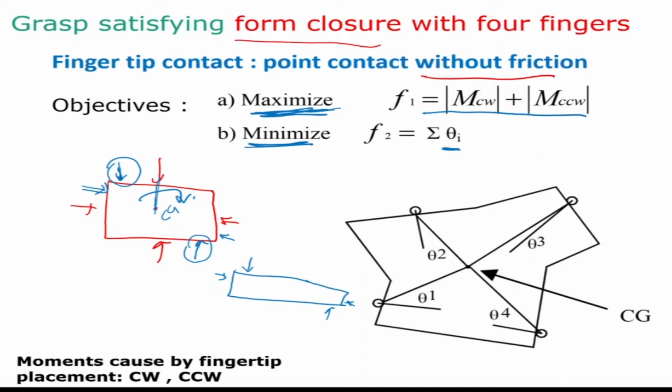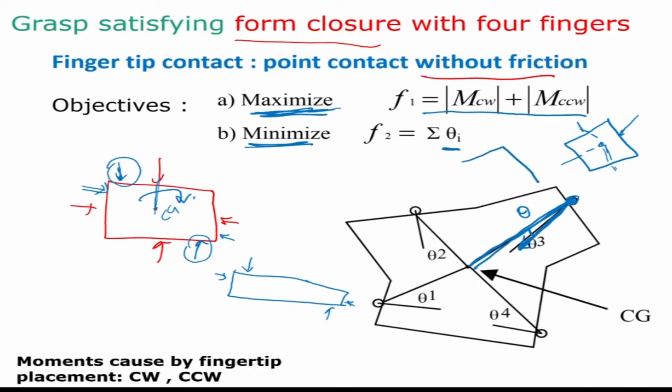For example, if I have a fingertip here and it is pointing in this direction, the fingertip force is going to be normal to the surface, right? And this is the line connecting the fingertip contact to the CG. Then that is my angle theta and I want to minimize it. Why do I want to minimize it? Because if you have an object like this and you place fingertips, all of which pass through the CG, then the system is going to be in static equilibrium. Let me give an example.